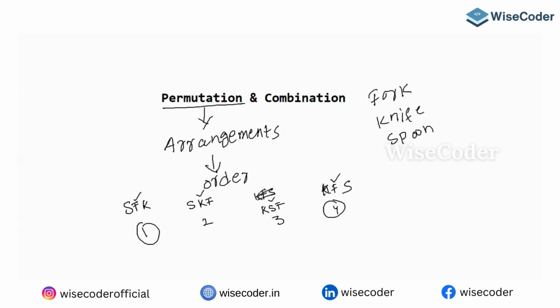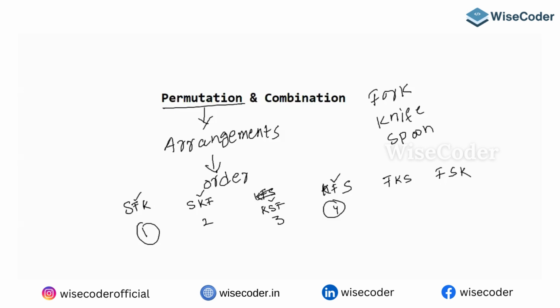That's why they are different. You can also write it like this: fork, knife, spoon; fork, spoon, knife.